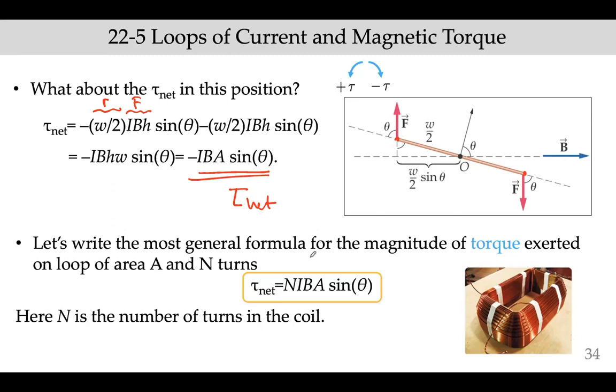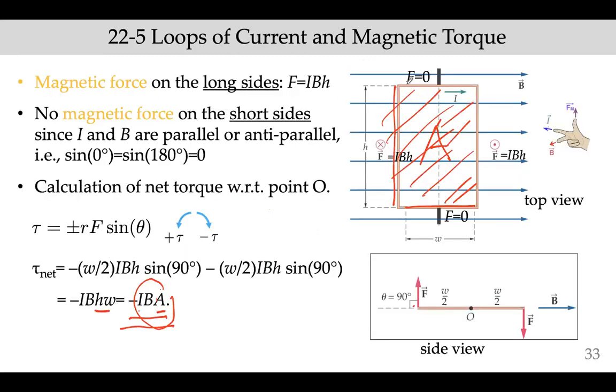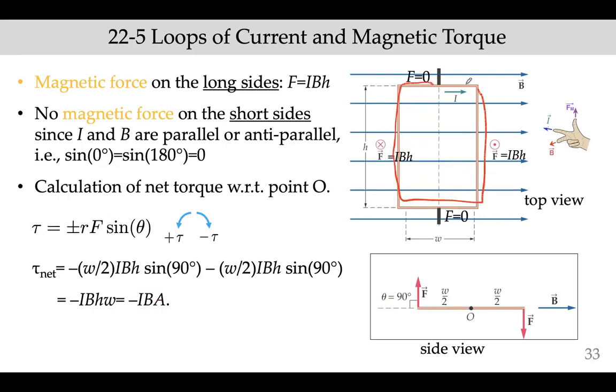Now let's write the most general formula for the magnitude of the torque exerted on the loop of area A and n turns. Here we have just one turn, just one wire, so n equals 1.